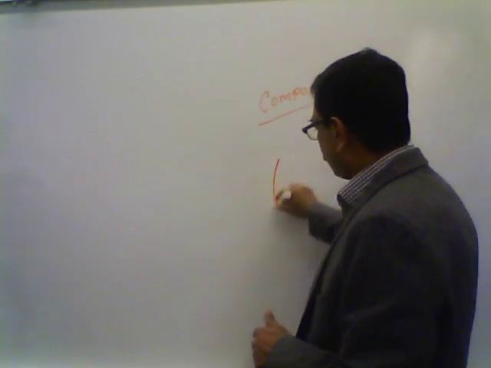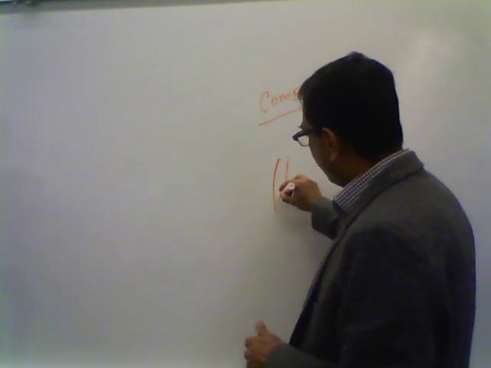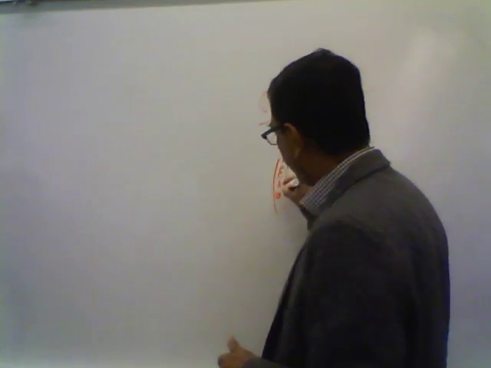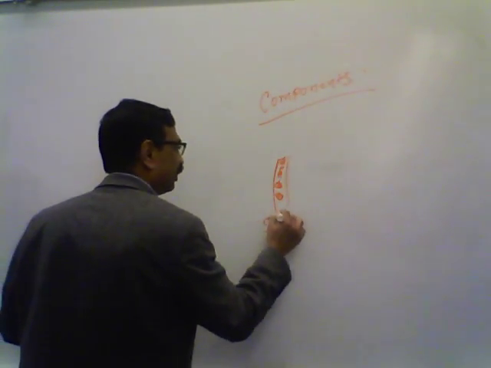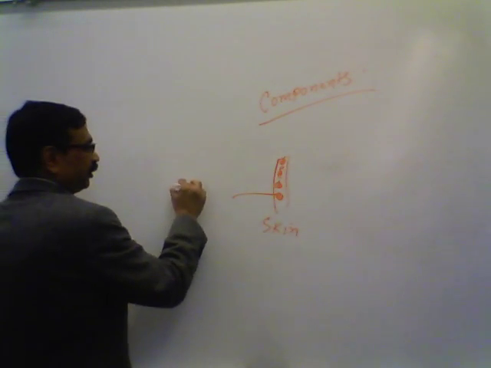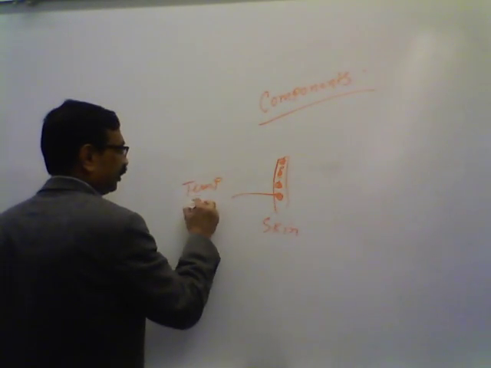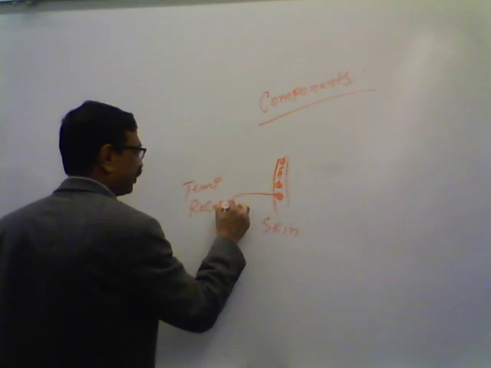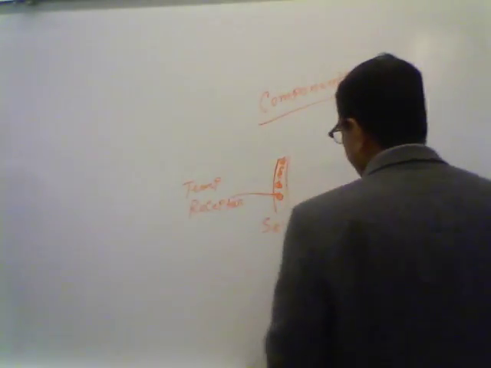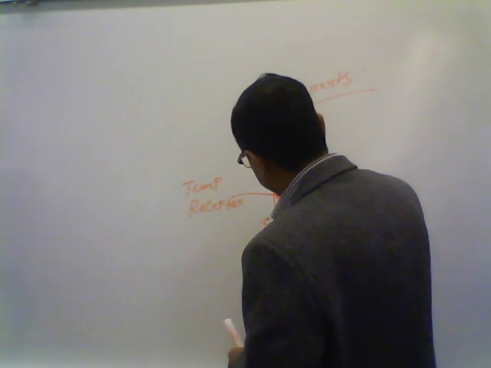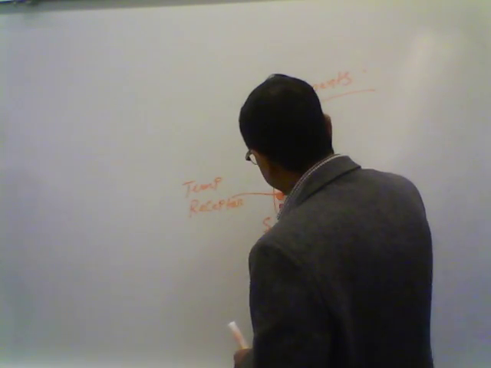Now, your skin has the temperature receptors. So this is the skin. You have temperature receptors. Also, skin has sweat glands. You know that. So these are sweat glands.